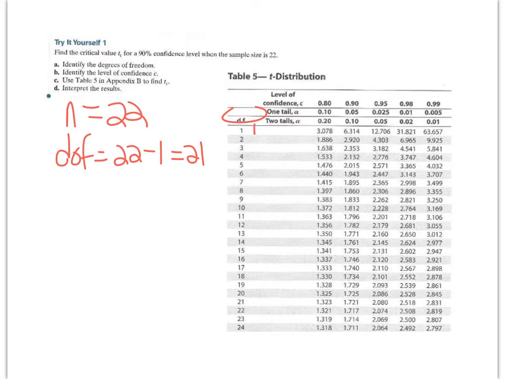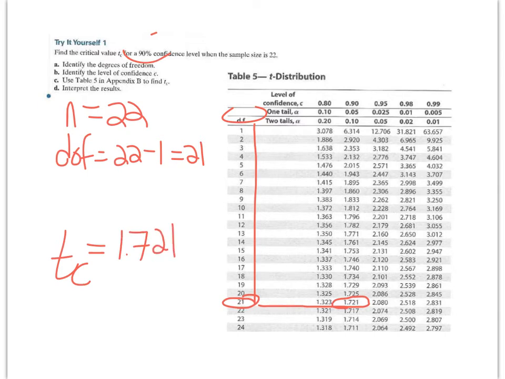So I'm going to look down the table. Here we are. I want 90%, so I'm going to go to the right, and here's my value. My t sub c is going to equal 1.721. So this is just replacing our z sub c that we did in the first section.